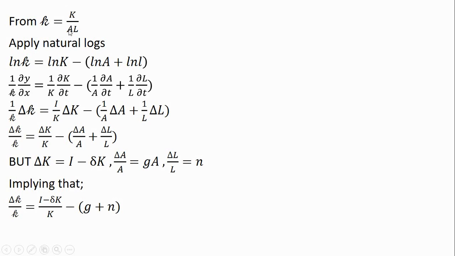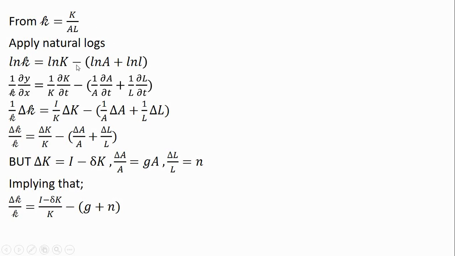Remember, in logarithm, if we have division, it means that we subtract. If we have multiplication, we add. That's why we are having ln K minus, I put the brackets here because we are having AL as a denominator. Remember, this is A times L, and in natural logs where I have multiplication, we add.